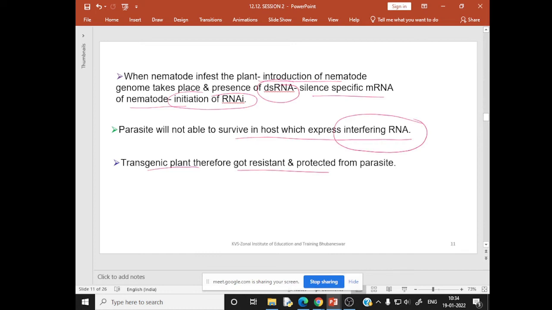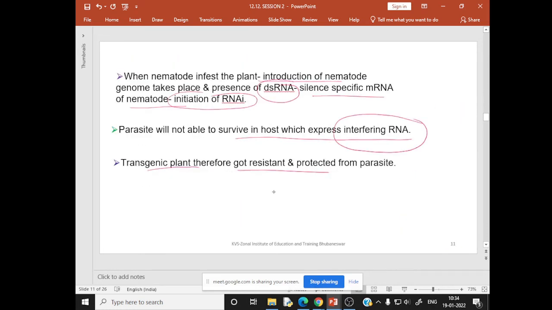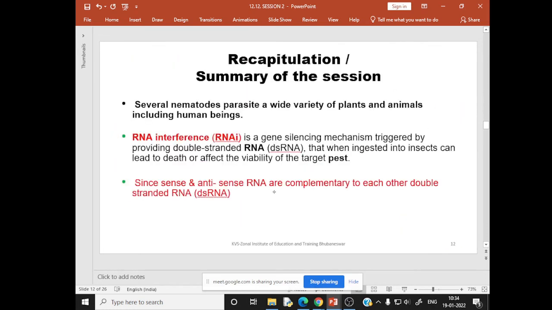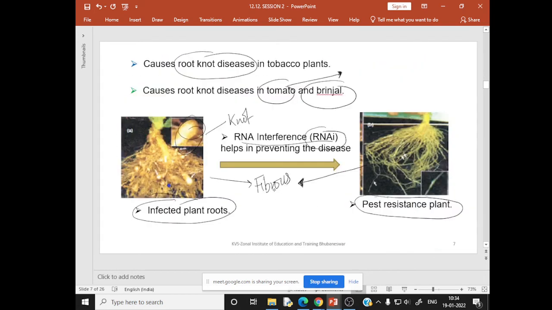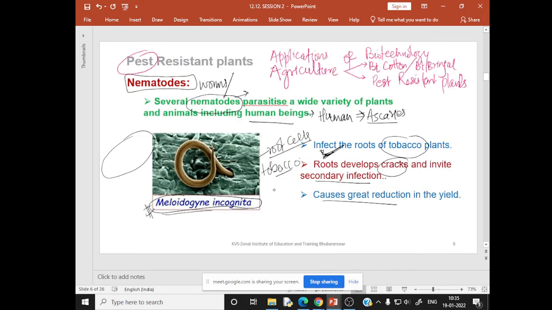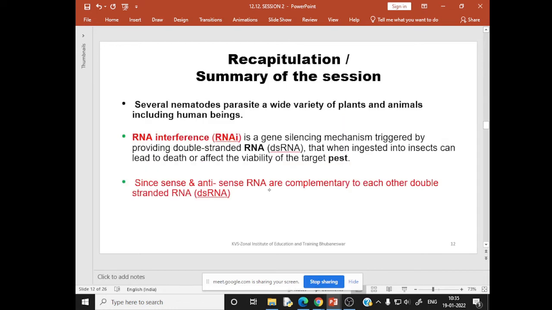So this is a new technology introduced for pest resistance, especially against nematodes, and that is Meloidogyne incognita. Clear? So this was the complete structure and process of RNA interference.